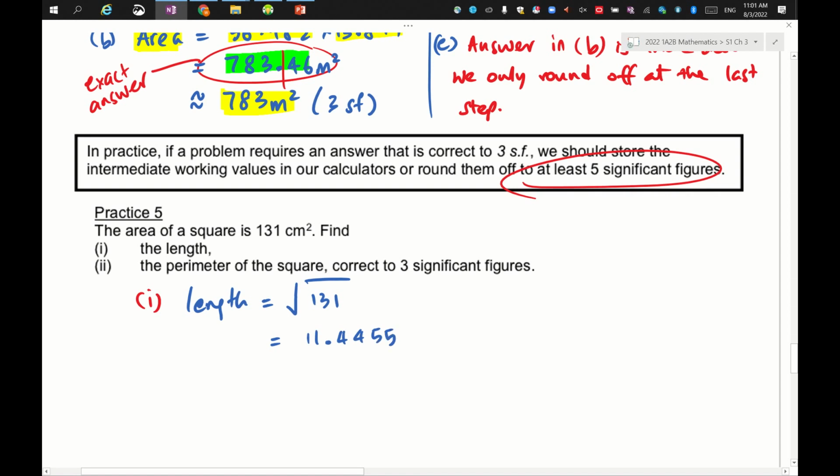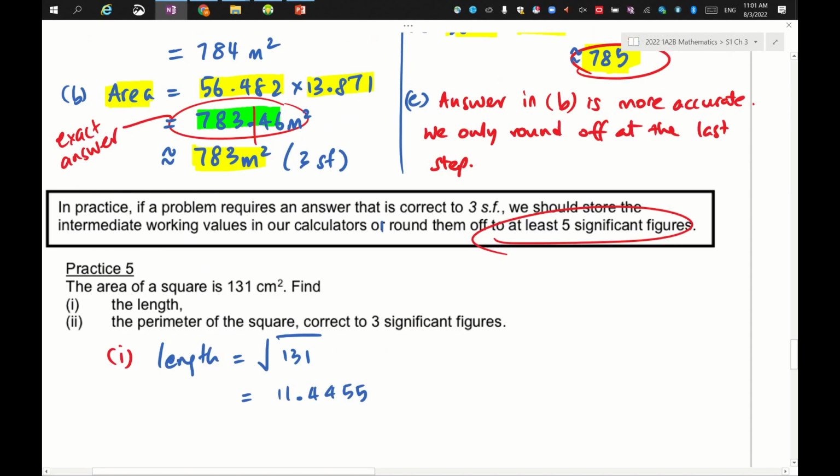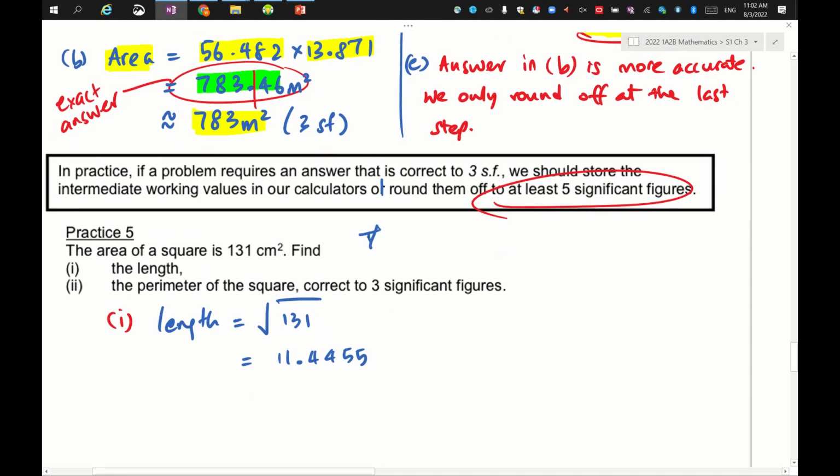Now, by default, when the question doesn't say, leave non-exact answers to 3SF.